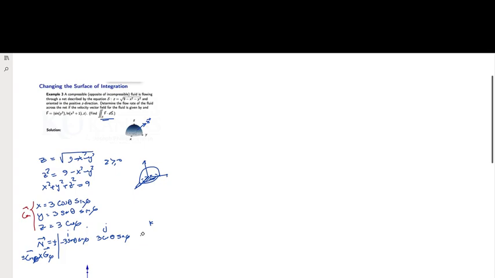And 0, and then I have 3 cosine theta cosine phi, 3 sine theta cosine phi, and here negative 3 sine of phi.